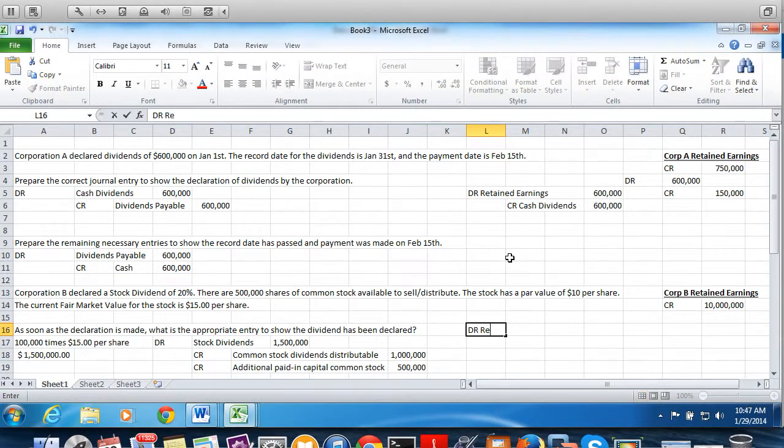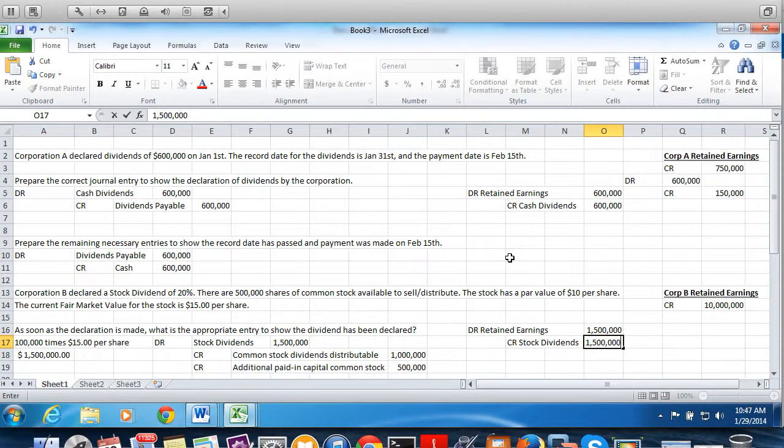So we're going to show a debit to retained earnings for $1,500,000 and a credit to stock dividends for, okay.